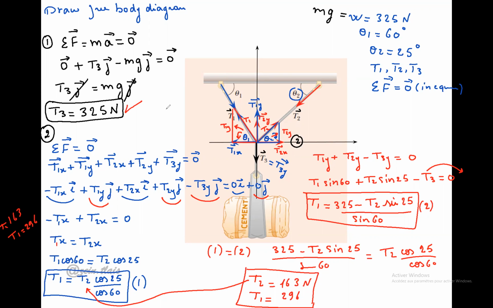When you have the xy components, it's easy to write these components in function of i and j. You get finally two equations with two unknowns. Like this, it's easy to solve any problem.